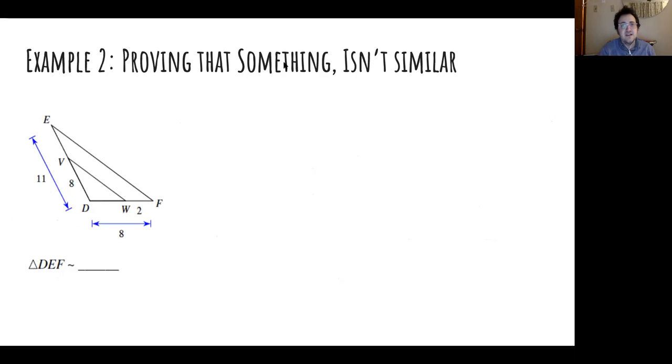All right. Let's actually look at an example now that's a little bit more interesting, maybe proving. It's asking us, is DEF similar to the smaller triangle? One thing that I like to do with these overlapping triangles is redraw them so that they're two separate triangles.